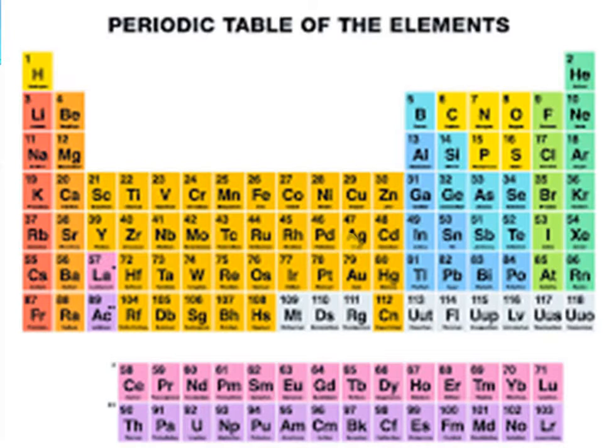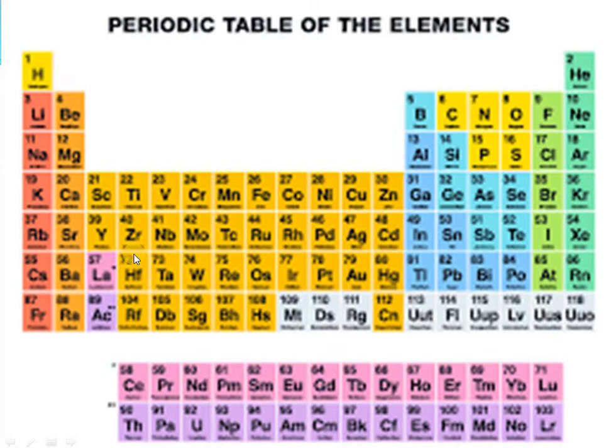The periodic table of the elements. You can see that 118 elements are there in the periodic table. In total, how many groups are there? Groups 1, 2, 3, 4, 5, 6, 7, 8, 9, 10, 11, 12, 13, 14, 15, 16, 17, 18. 18 groups are there and 7 periods are there.